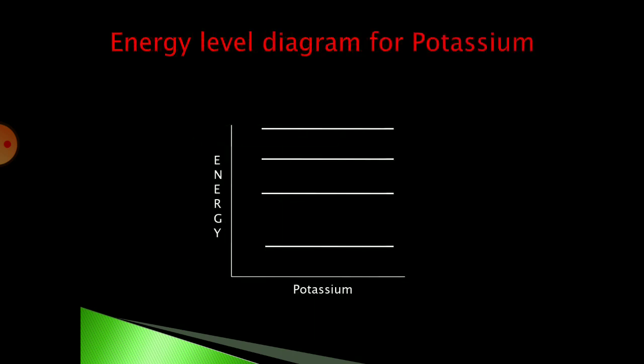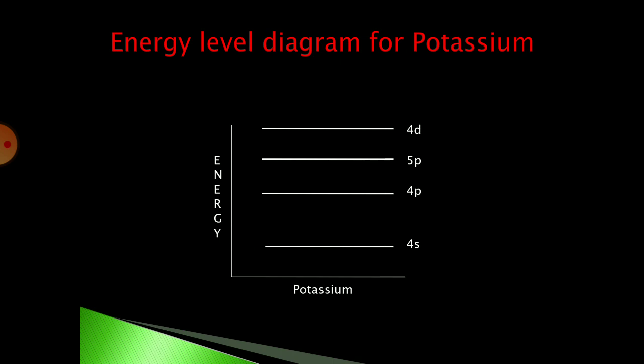Similarly, we can discuss the energy level diagram for potassium. The outermost energy level is the 4s energy level, and the higher energy levels are 4p, 5p, and 4d.